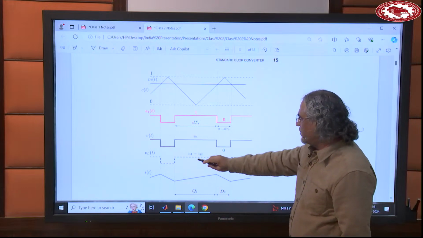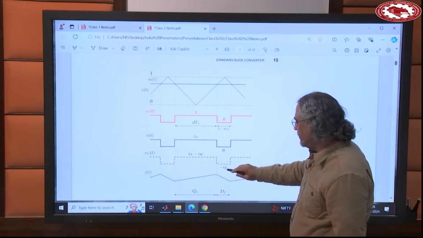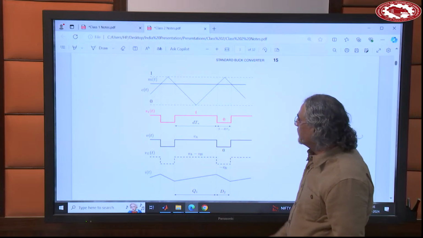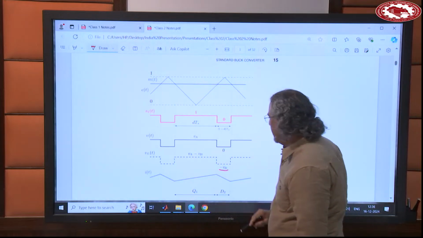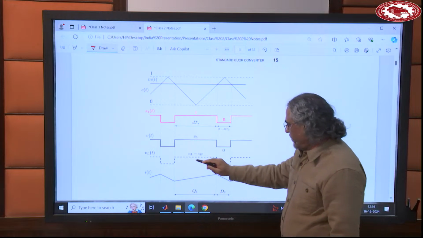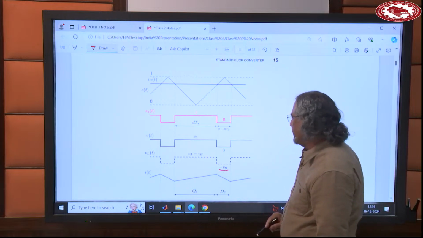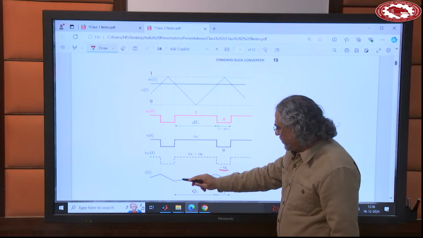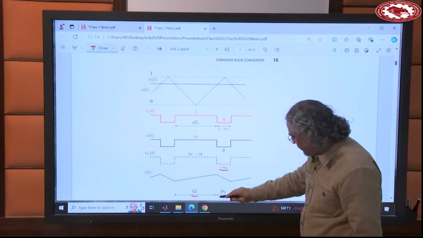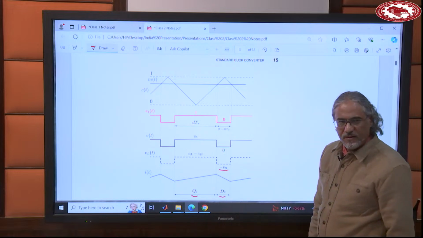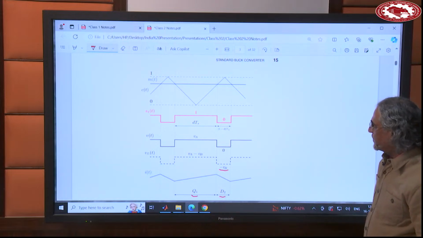And this is the voltage across the inductor, which I said is VA minus VB or negative VB. Right? We discussed that. So negative VB. And if VA minus VB is positive, the current will go up and the current will go down. During this time, the current flows into the switch. During this time, the current flows into the diode. So this shows a stable scenario.